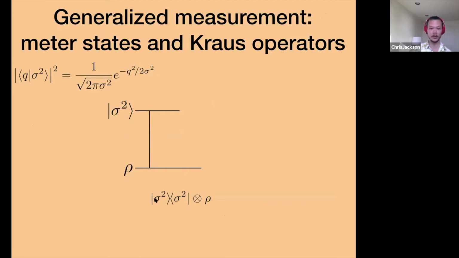Okay, so what am I imagining here? So in the bottom, I have the original Hilbert space of interest in which I have some state prepared, rho. And I'm going to couple it to a Gaussian meter state, one whose wave function is given by this. Okay, so the coupling is going to be written in this way.